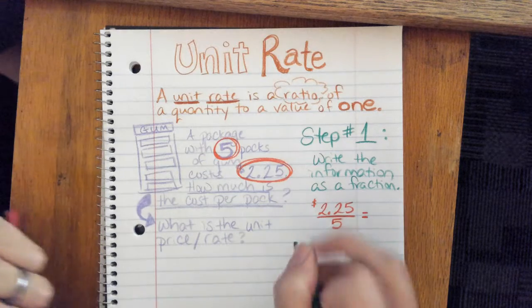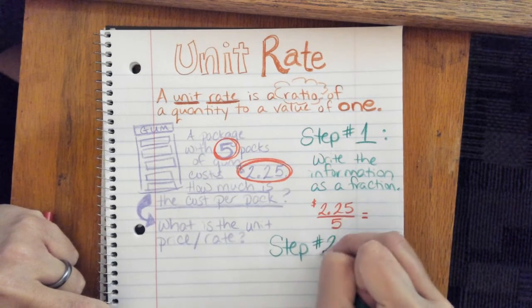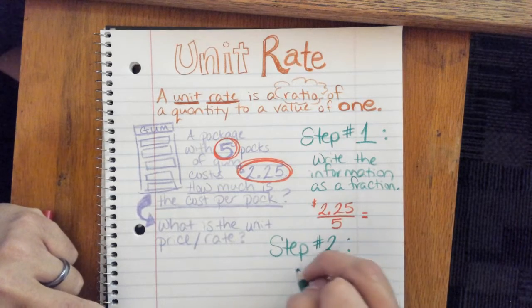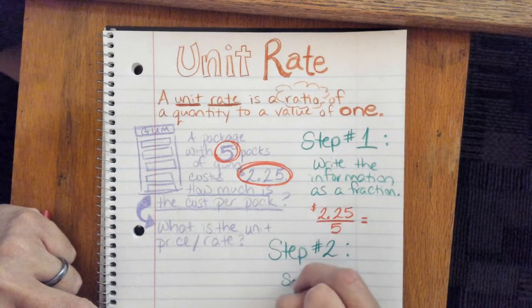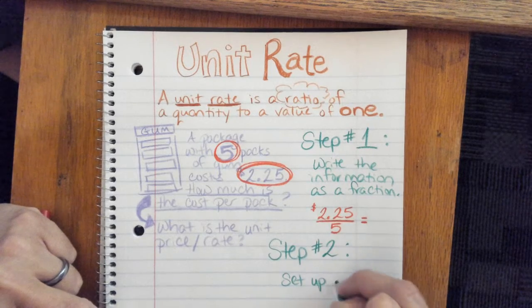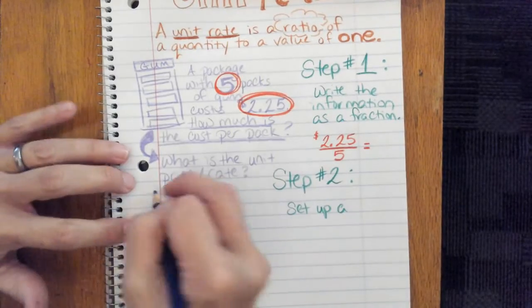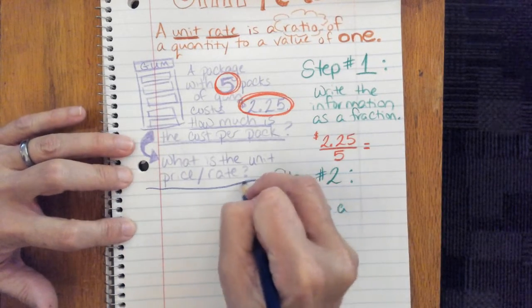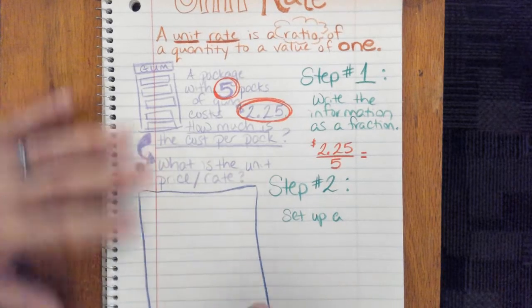So step 2. Actually, before I get going too much, I am going to try to save this area down here, so I'm going to give myself a little sidebar, and I'll come back to it later.